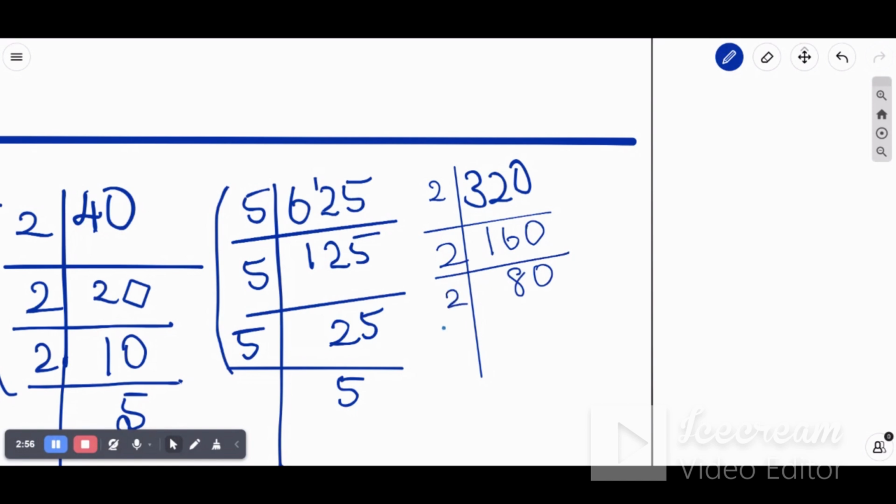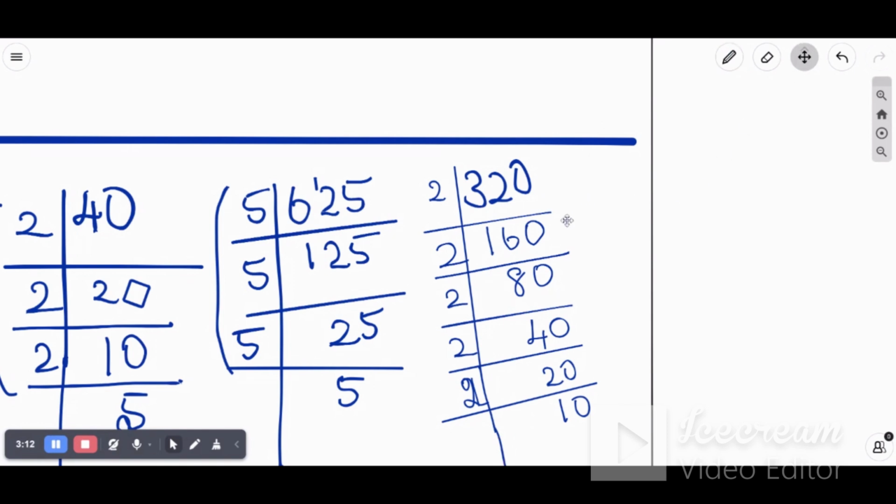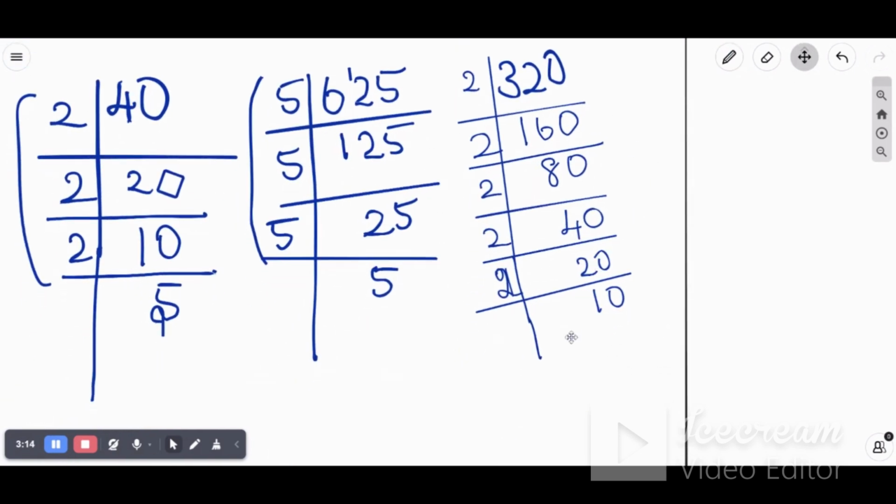Then 4 twos are 8 and a 0, and 2 twos are 4 and a 0. Here 1, put your 2 again, then it will be 1 twos are 2. And then finally you could arrive at your prime numbers. So you can stop your factorization when you arrive at your prime numbers.